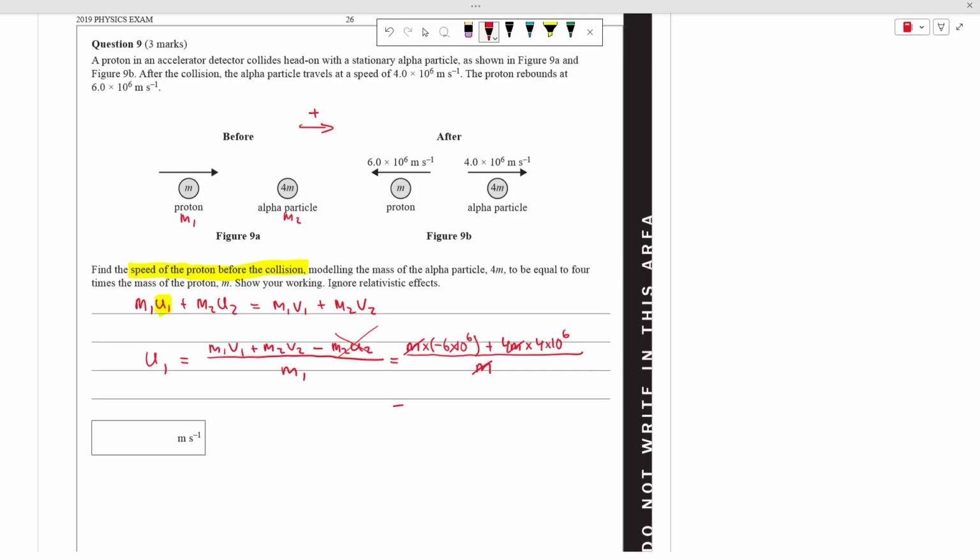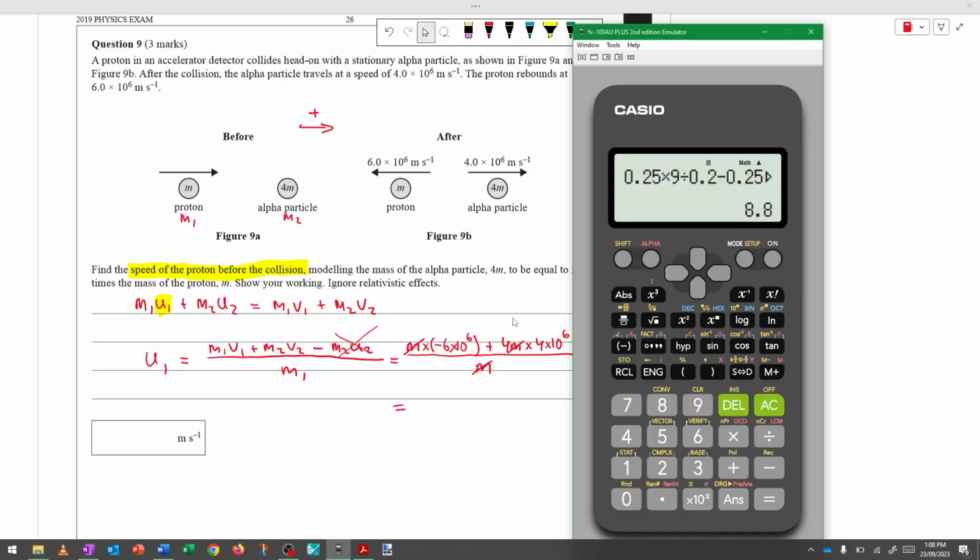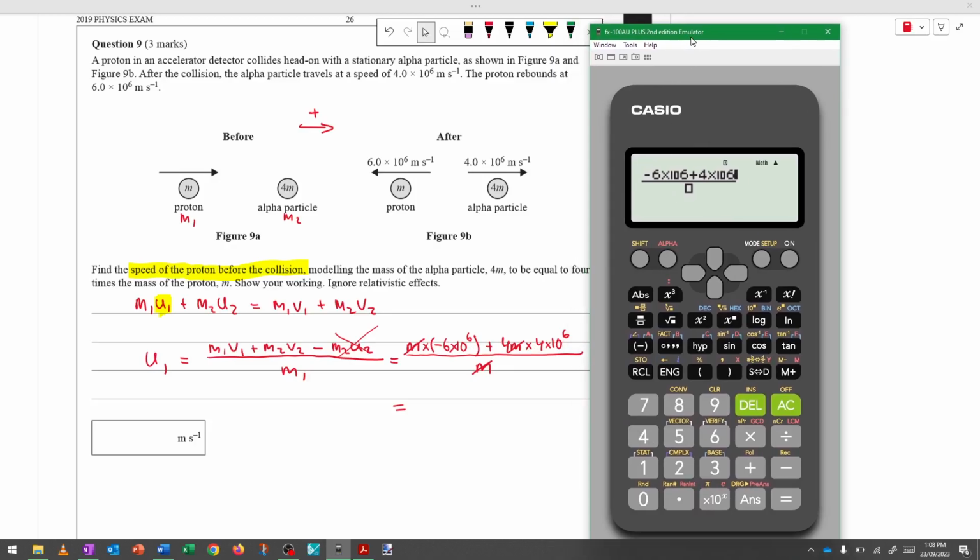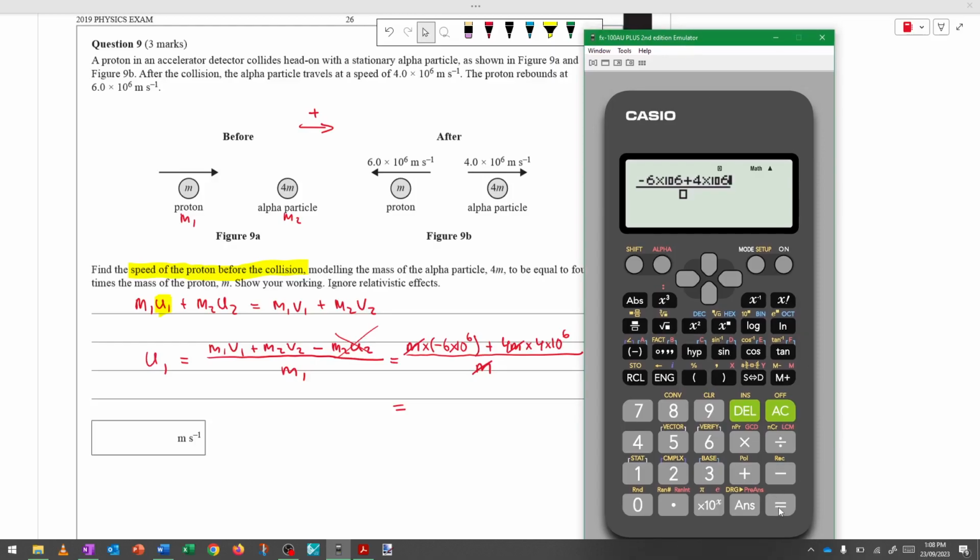So if we work this out now, on the top we have negative 6 times 10 to the 6 plus 4 times 10 to the 6, and that's all we got. Same over 1. So negative 2 times 10 to the 6.